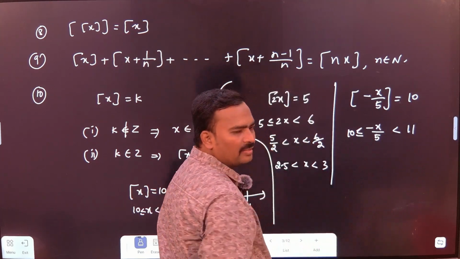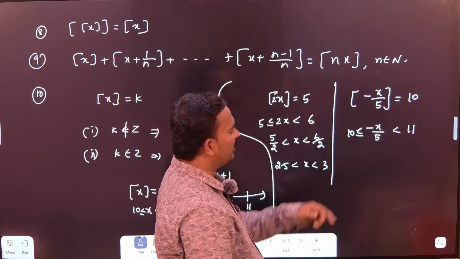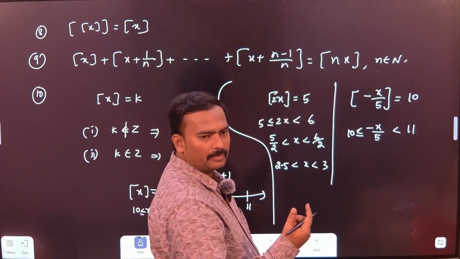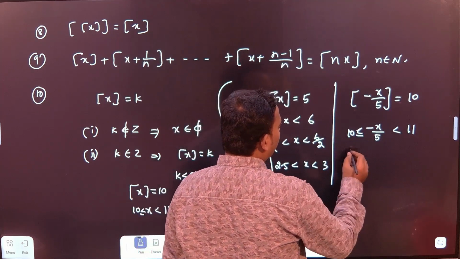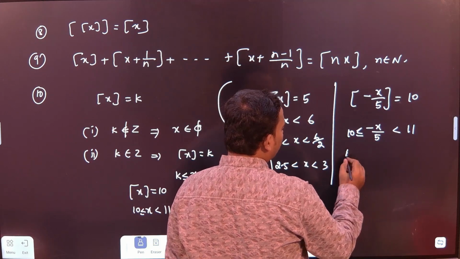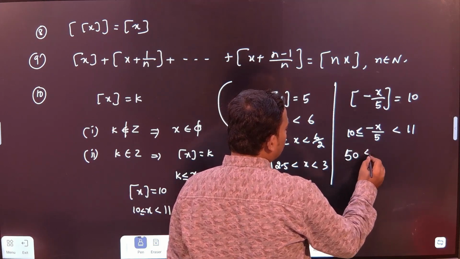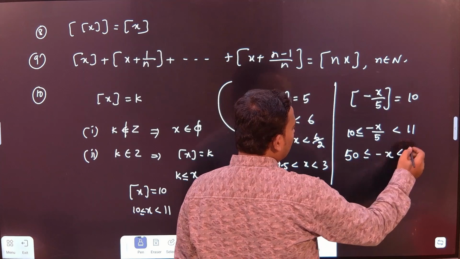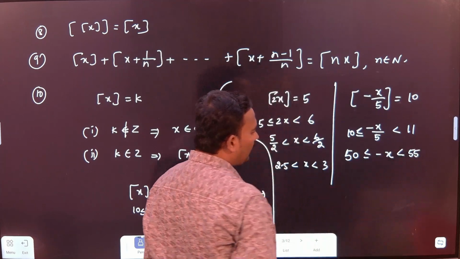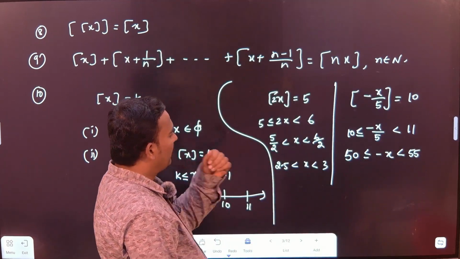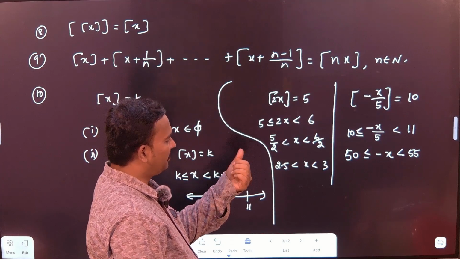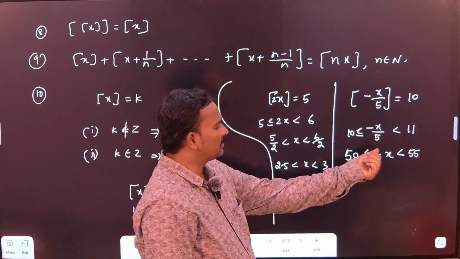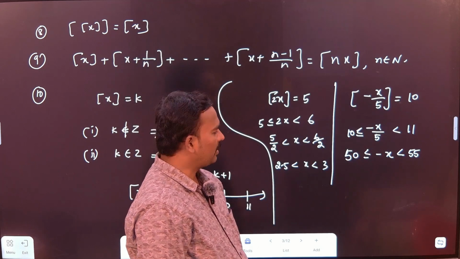So we need to find the x value. Who is disturbing here? 1 by 5 is disturbing and minus 1 is also disturbing. So you have to multiply by 5. What will we get? 10 into 5 is what? 50 is less than minus x strictly less than 55. Clear? So multiply by 5 means 5 into 10 is 50. So minus x less than 55, right?